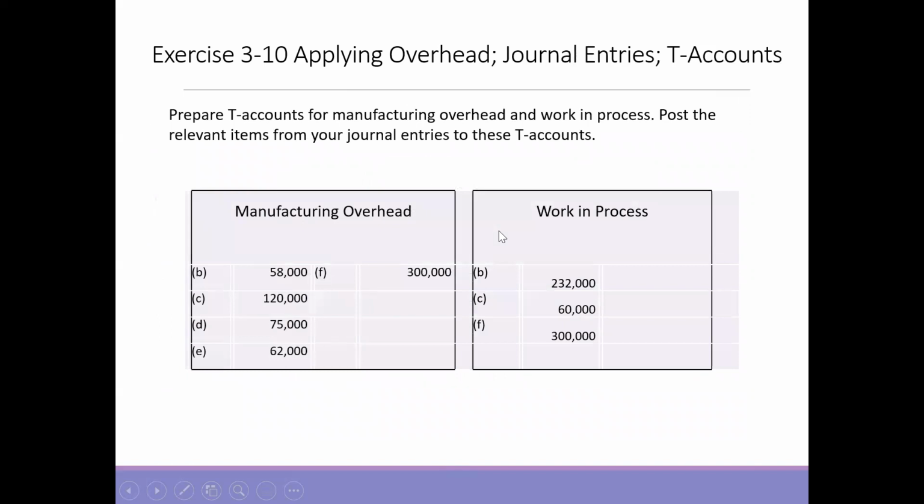Then we prepare our T accounts. Do you see? We've got manufacturing overhead here, 120,195,253. So we under applied our manufacturing overhead in this scenario. And we see our work in process.